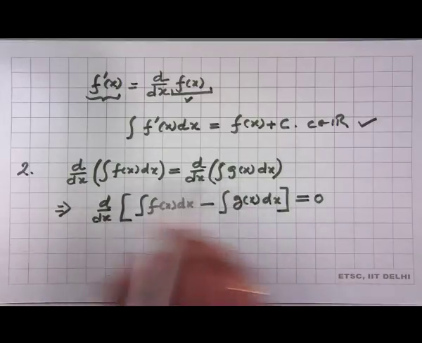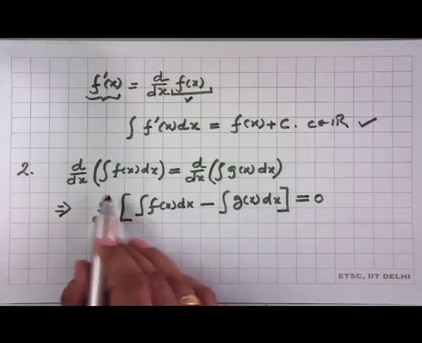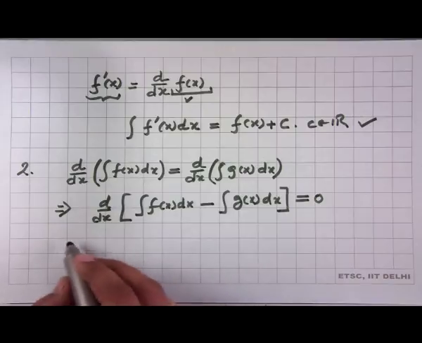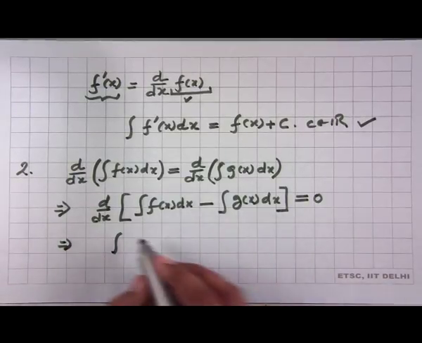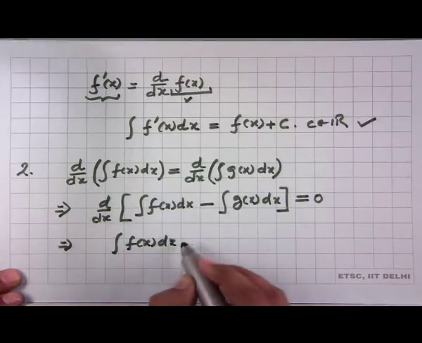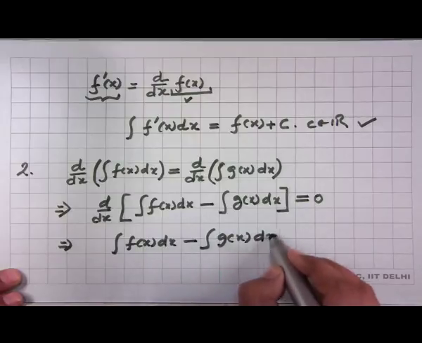Since this equality is true for all x, the derivative of some function of x equaling 0 is possible only if the function itself is a constant, which means that integral of f x dx minus integral of g x dx is equal to a constant, let us say c.